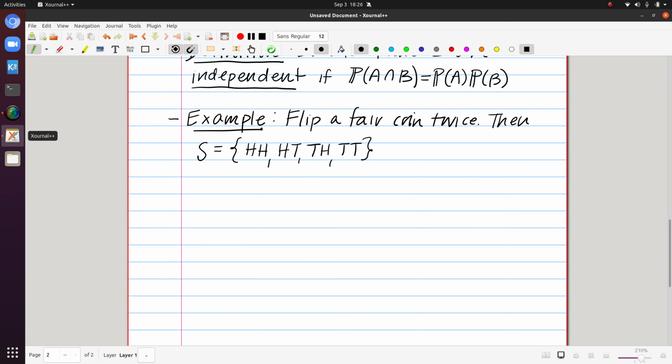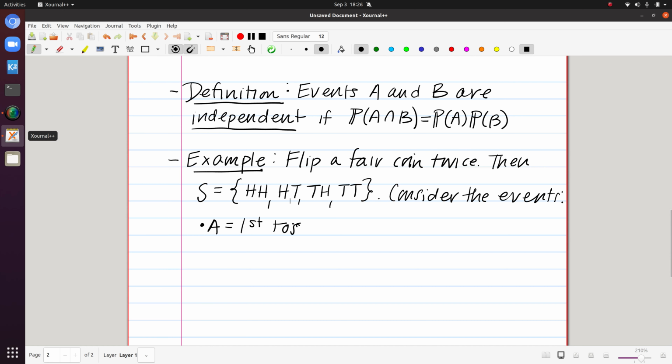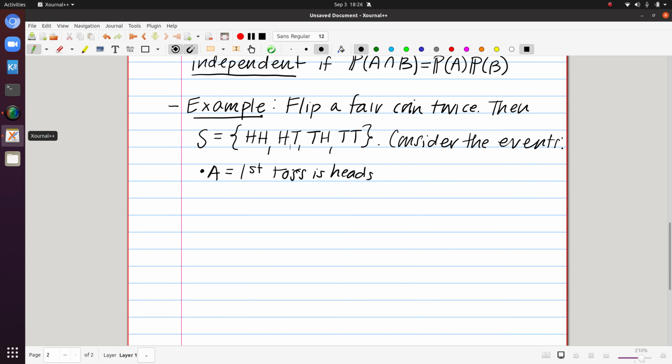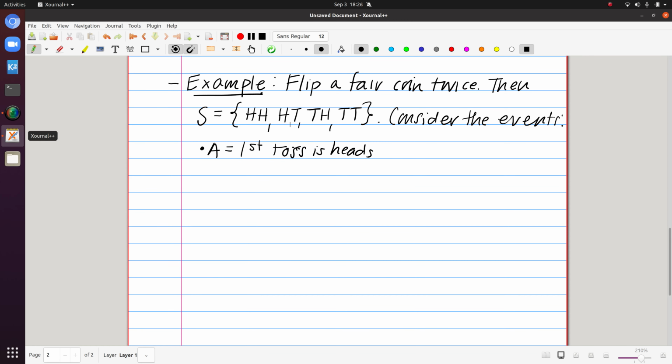So consider some events that I'm going to define below. These will be events A, B, and C. A will be that the first toss is heads. B will be that the second toss is heads.